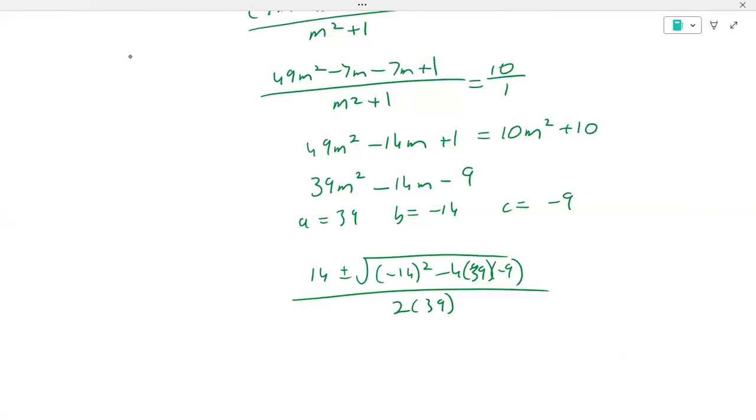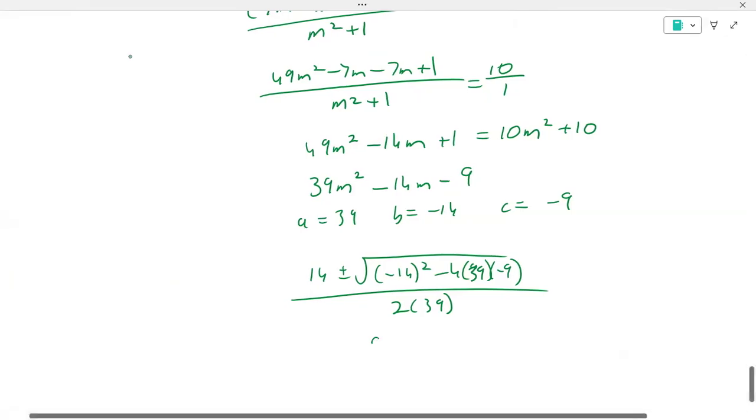This is all we have to do, find the slope. Once we have found m, we're done. So this is our last step. I'm going to do my plus first: 14 plus the root of minus 14 squared minus 4 bracket 39 and negative 9, all over 2 bracket 39.